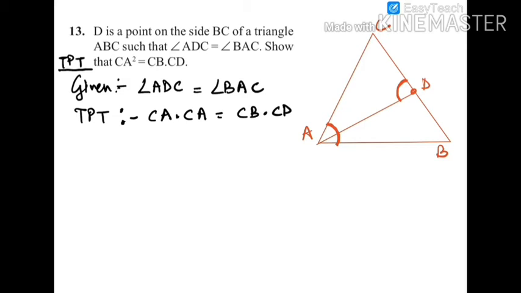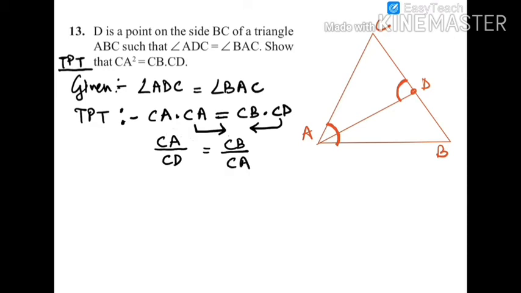So shifting terms to the left and right, I can write this mathematical equation as equal ratios. That is, I will shift CD to the left side and CA to the right side. So I will get CA upon CD equal to CB upon CA.